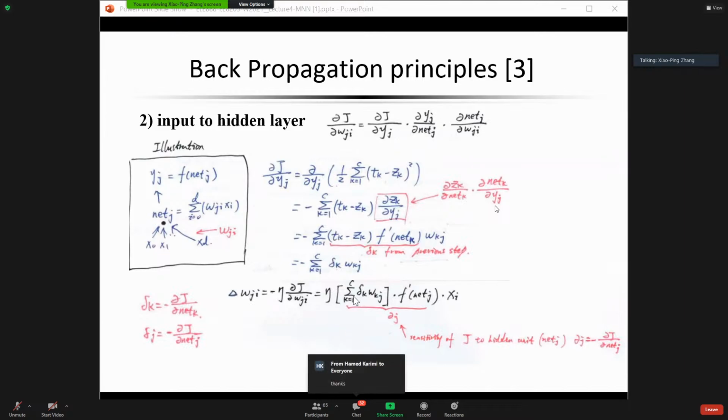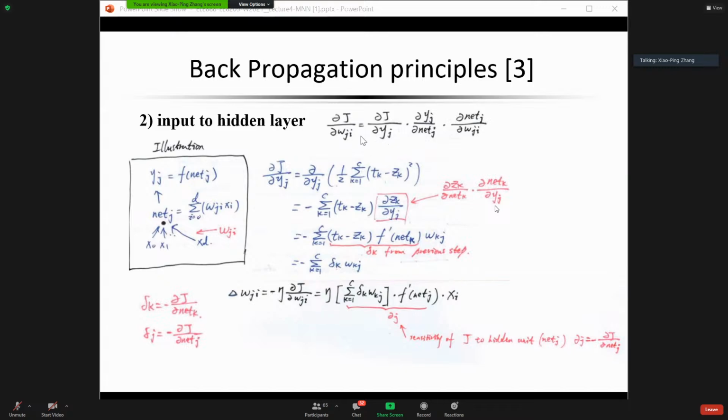So here, you say here is the delta K times this. This is propagated back, right? You accumulate that error, but then you need to go backwards through this nonlinear function. Okay, so you have eta delta J xi.